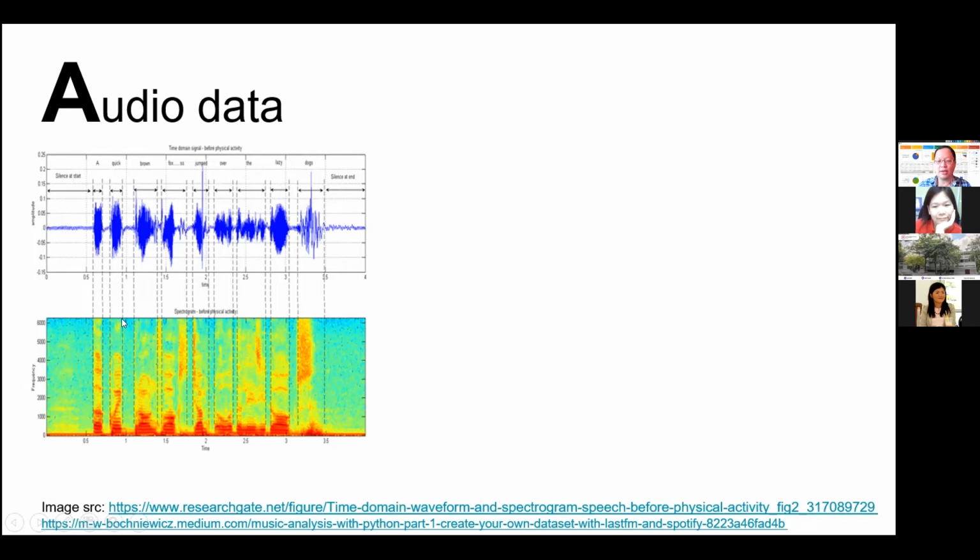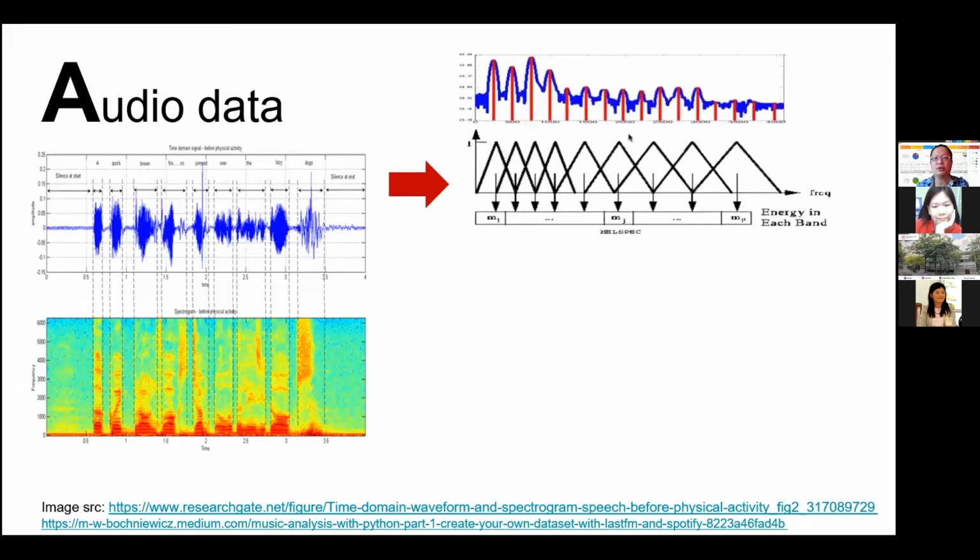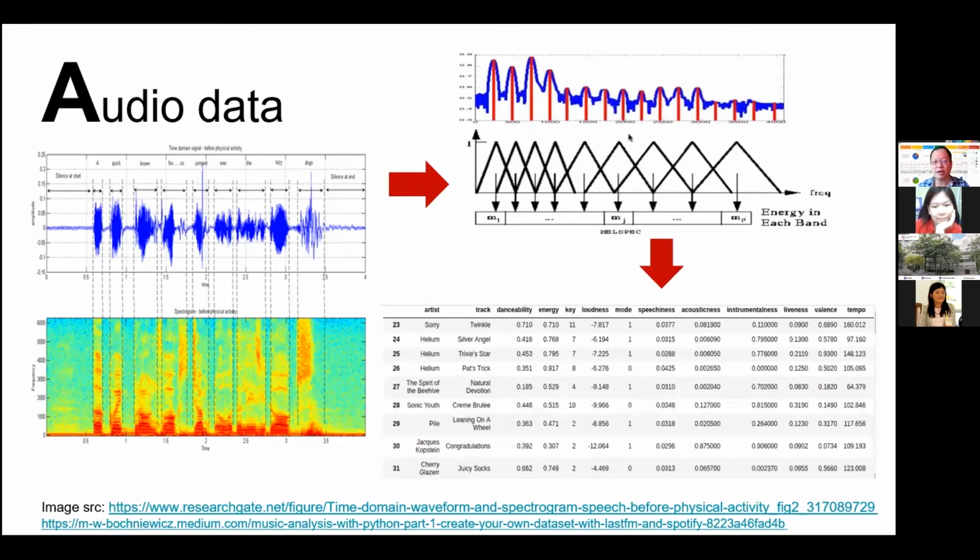In a data science project, in the data engineering step of the data science process, we try to extract all this information from the audio, using some kind of windowing or measurement of the amplitude of the audio. Finally, what we hope to get is some kind of table of data. For example, suppose this represents a song.